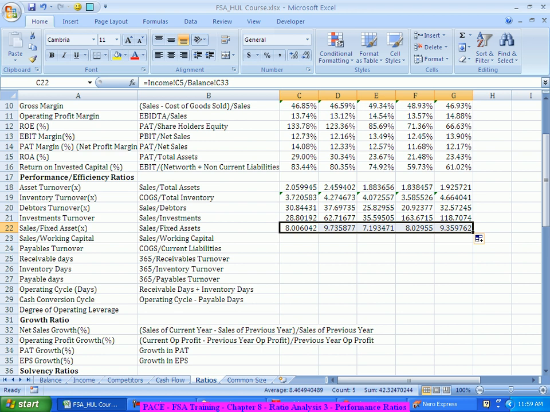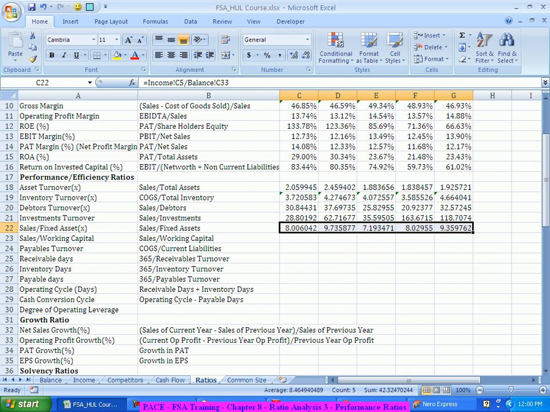The fixed assets are put to very good use. 9 rupees of sale. Because this is sales by fixed assets. So 9.35 by 1. Sales is 9.35, fixed assets is 1. So for every 1 rupee of investment in the fixed assets, 9.35 rupees of sale is being done.